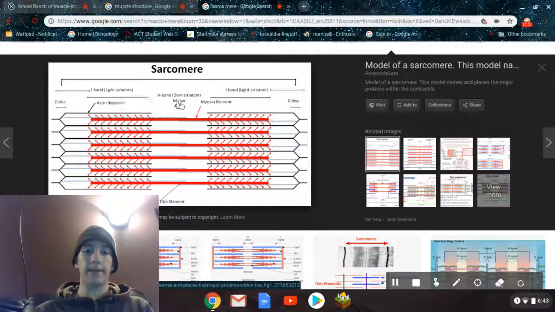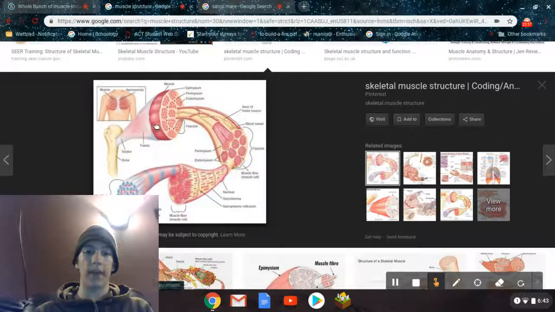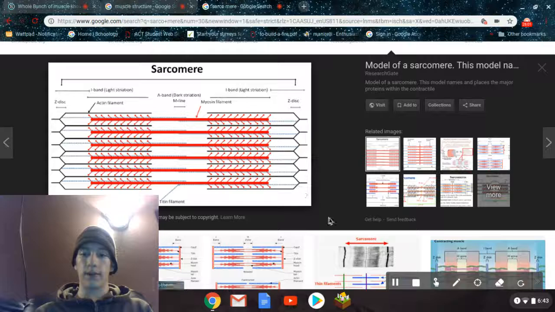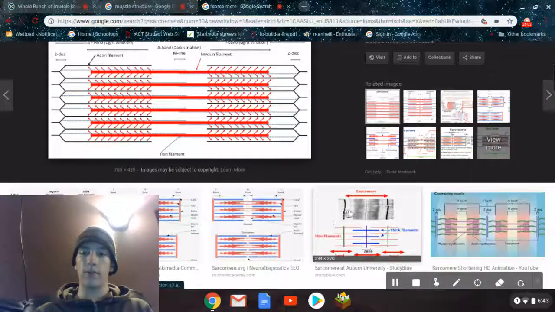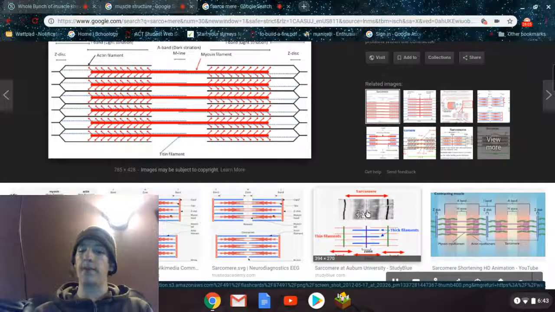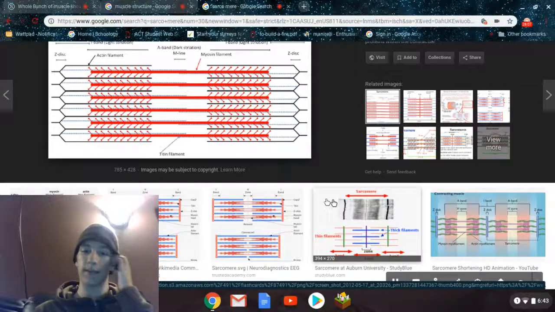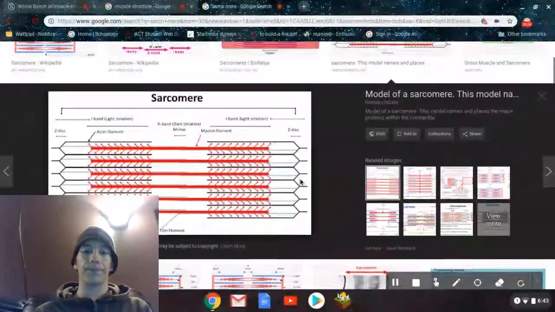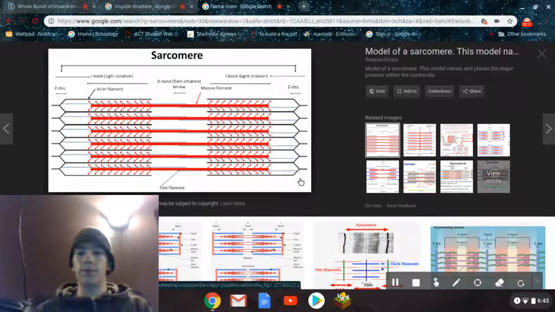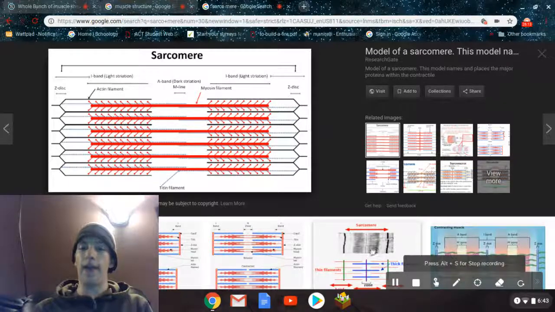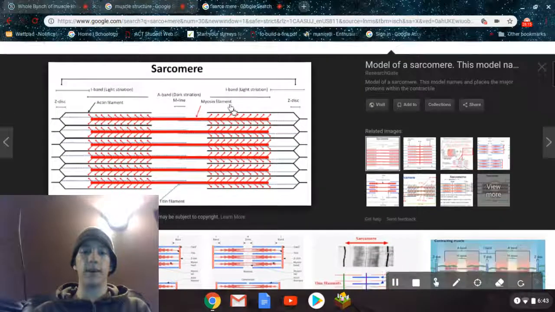An A band. So you remember how when you look at a flattened muscle cell, it looks like this? Those stripes have names, and those names are here.